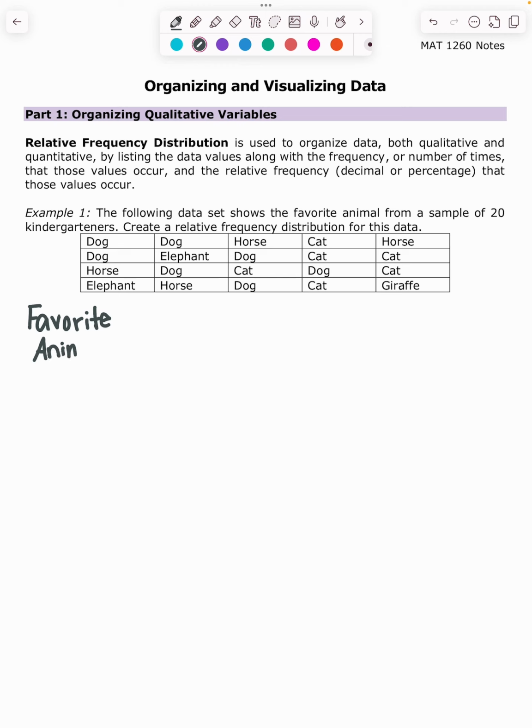And you probably write a lot faster than me. There we go. Our second column is going to be the frequency. And then our third column is the relative frequency.